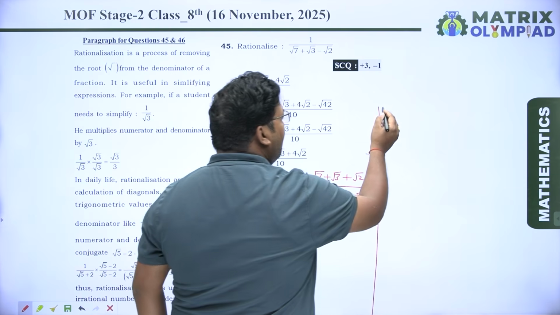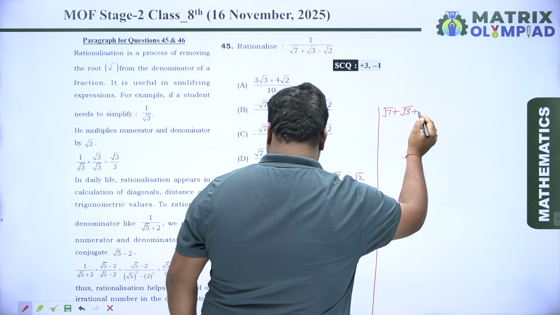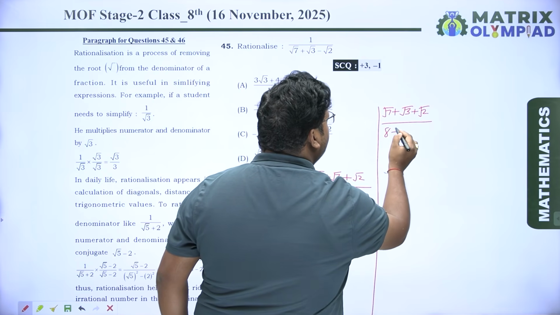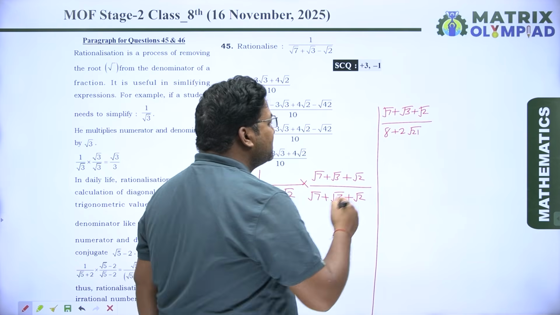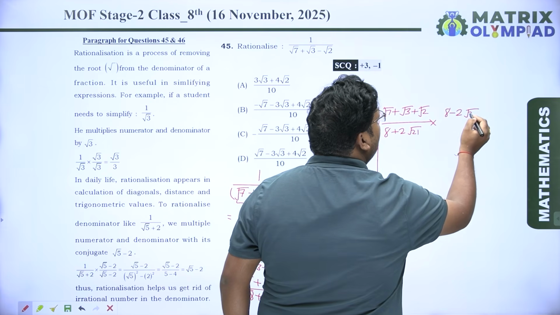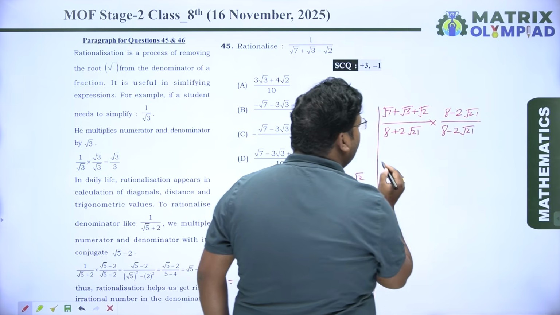So we have to multiply it by (√7 + √3 + √2) upon, denominator is 8 + 2√21, and we have to multiply this number, in numerator and denominator, by 8 − 2√21 upon 8 − 2√21.